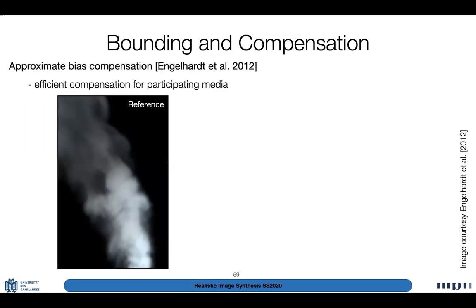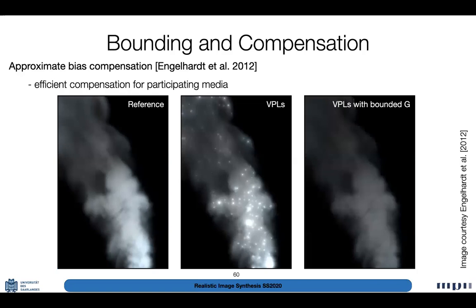All right, so they also further extended this approach to volumetric media, with the participating media itself. Here they tried to render, let's say, this smoke behavior. If you use simply VPLs, which means that you represent the paths which are going on, you can imagine all the scattering which is happening in the participating media, and you try to represent it with point light sources.